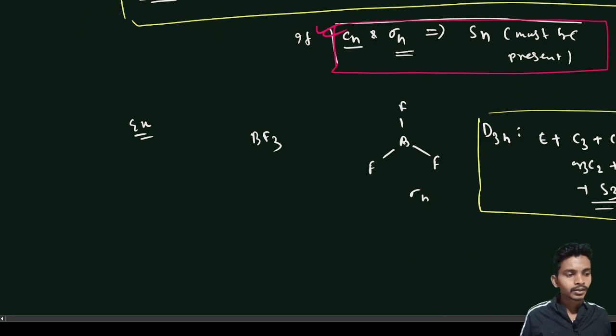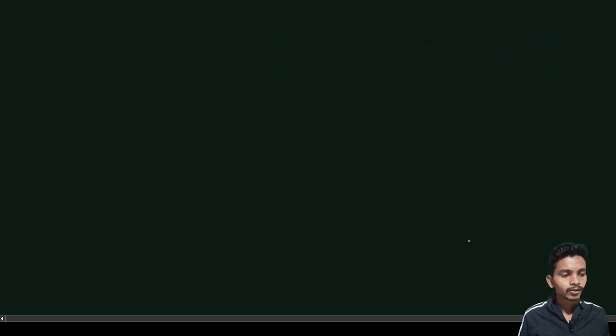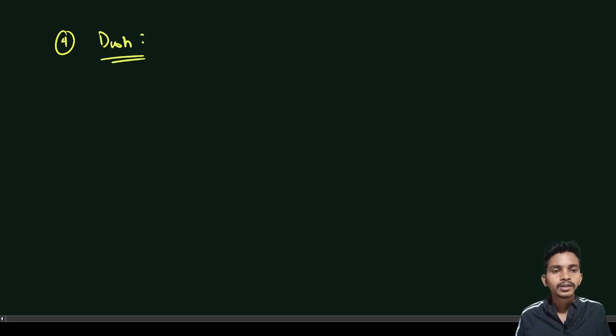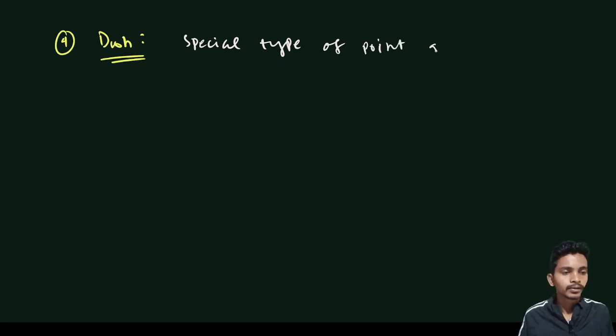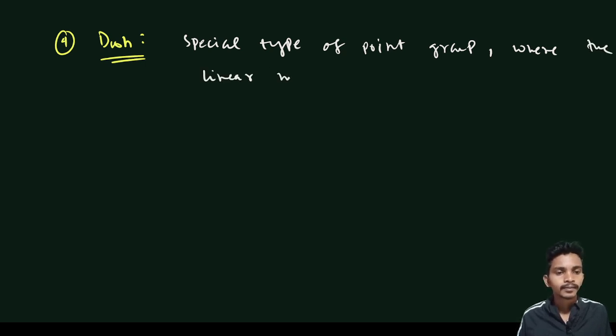Now we'll discuss another type of point group, a special type of point group, that is D infinity h. This is the point group for linear molecules with a center of symmetry.